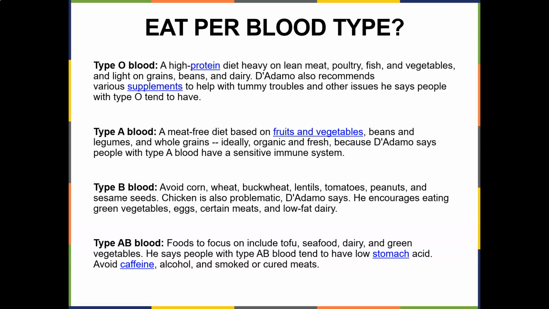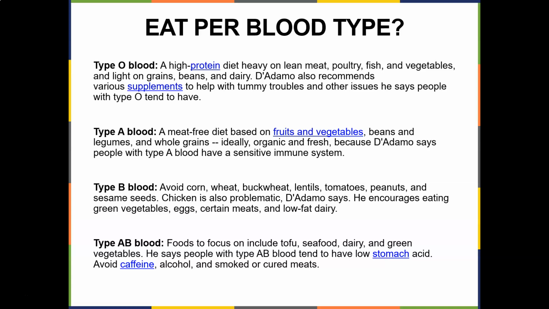But you should eat green vegetables, eggs, certain meats are good, and low-fat dairy is fine for you because that's where your ancestors are from. Now, if you're Asian and you're like, I can't eat dairy, well then take that out. But there are certain meats, but chicken for some reason with type B blood doesn't work as well. But if you can eat chicken and you have no issues, then don't worry about it. It's just that if every time you eat chicken you get an upset stomach, then it might be because of that.